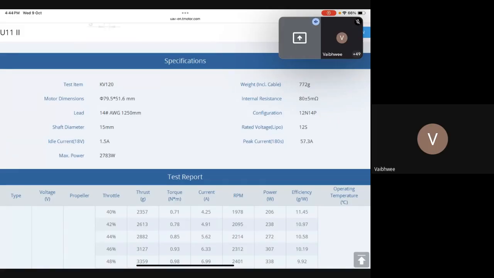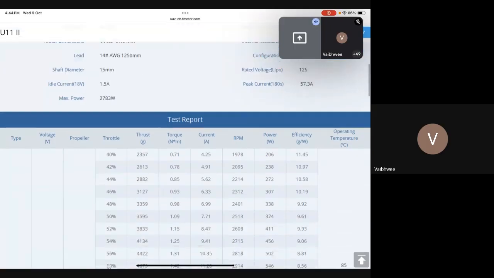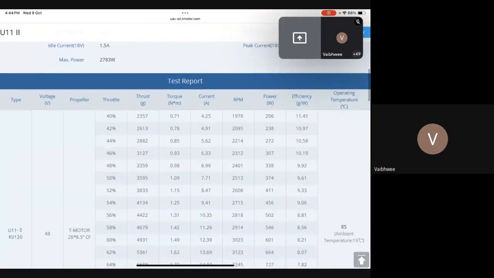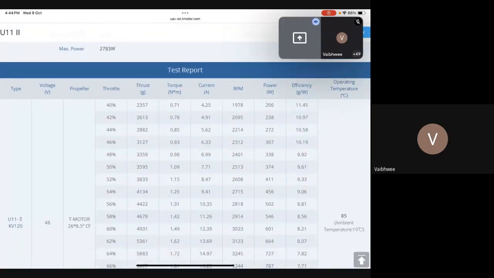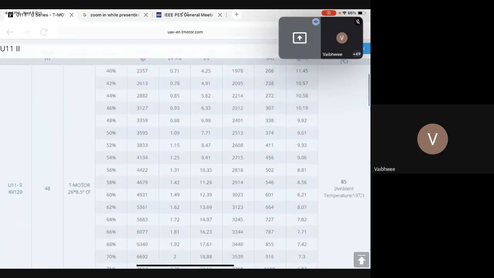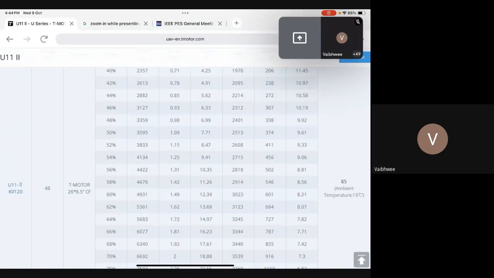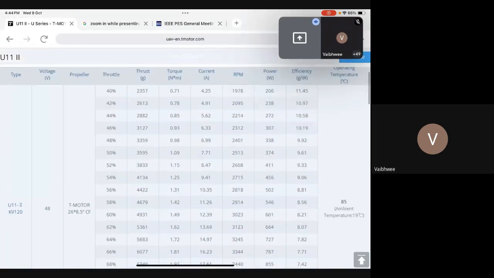Along with this, you typically see that for a motor, the company themselves suggest the best possible propeller that can go in. For example, they have tested this motor at 48 volts, and the test table that you see is for a T-Motor carbon fiber propeller, which has a 26-inch diameter and 8.5 degree pitch.